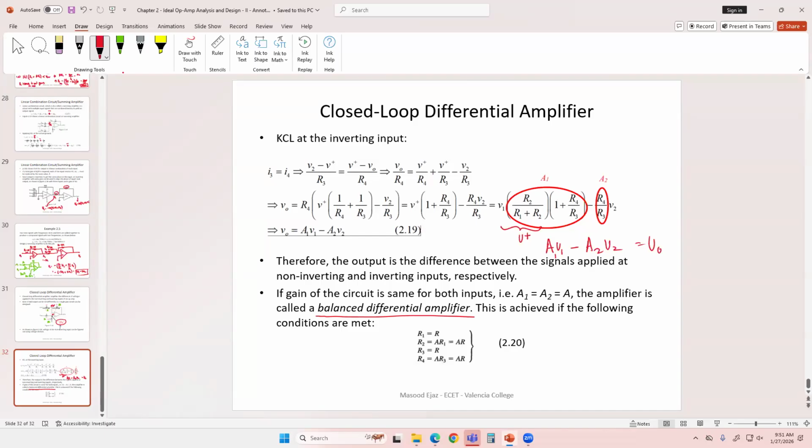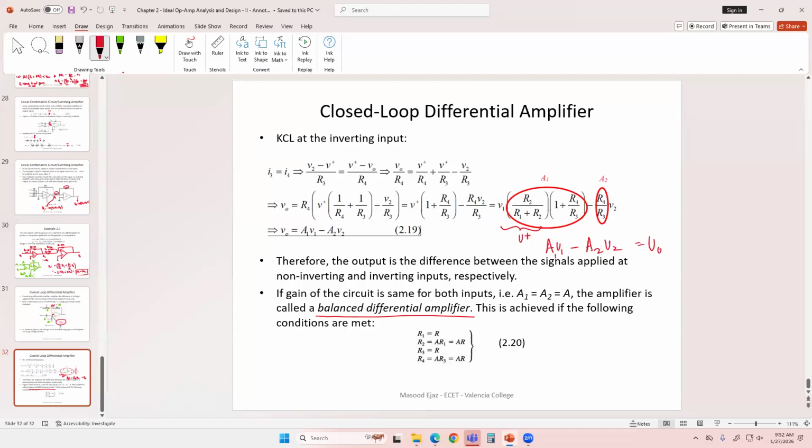Input current going into the positive terminal and negative terminal is considered to be 0 because of the extremely large input resistance of the operational amplifier. The inverting terminal voltage is equal to the non-inverting terminal voltage in any circuit. Those are all the ideal conditions, right?